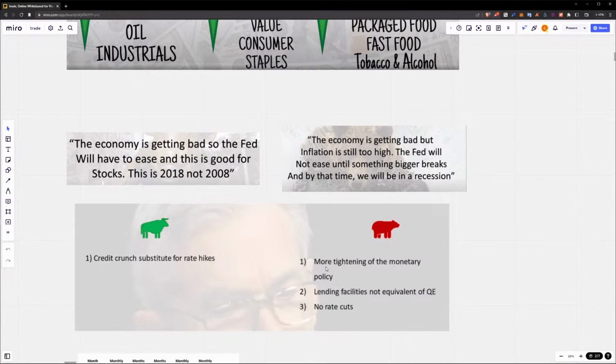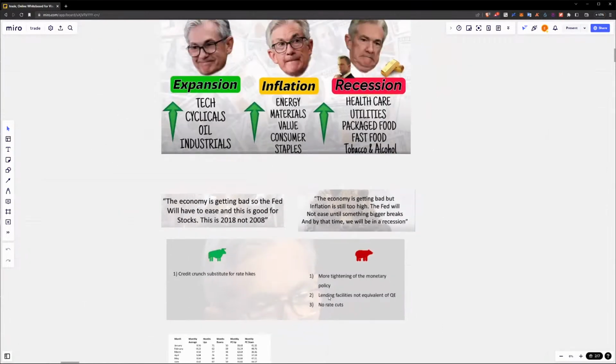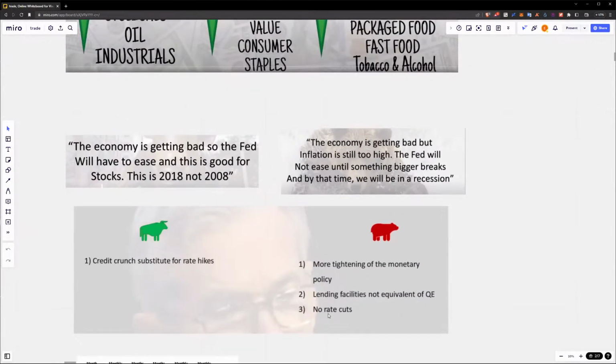So that already makes the market have some of a capitulation. And these lending facilities that the Federal Reserve provides to banks are not equivalent to quantitative easing. And also, you know, Fed was very adamant that they won't have a rate cut this year.